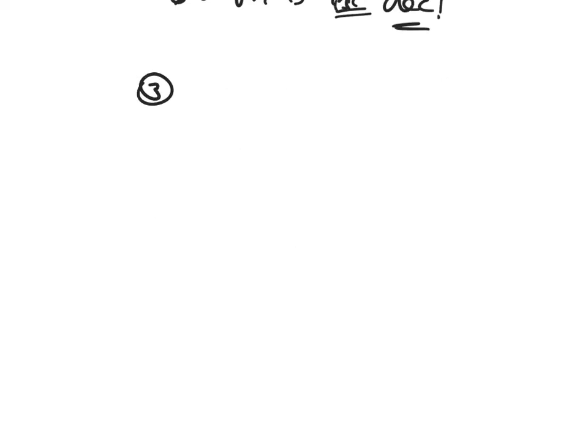Okay, slightly different question. This time, example 3, find the interval for which the function y equals 3x squared plus 2x minus 5 is increasing. Increasing is a measure of gradient, so let's differentiate.